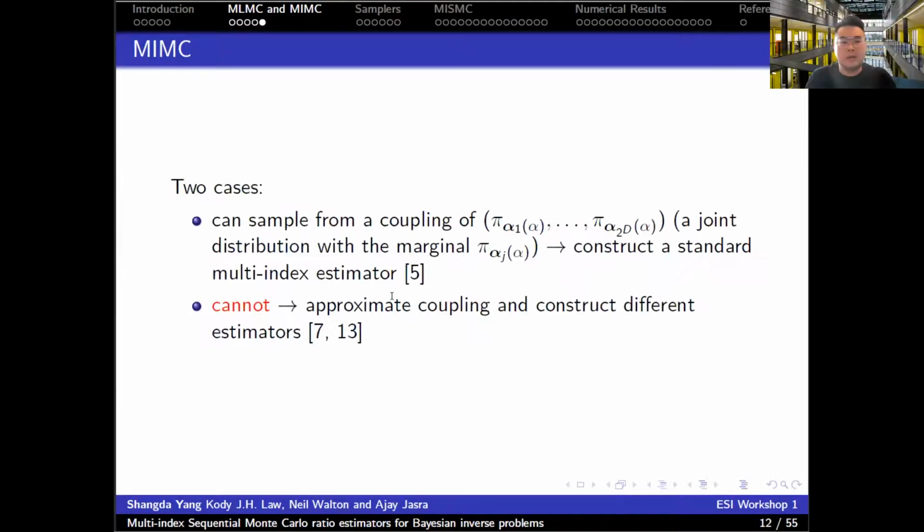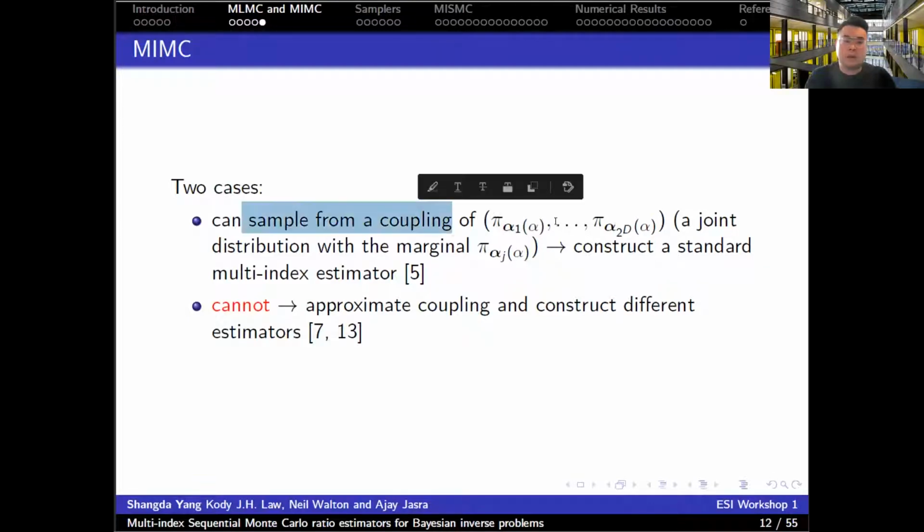With the previous discussion, we are now facing two situations. The first is that we can sample from a coupling distribution of pi alpha 1 to pi alpha 2 to the d, where the coupling distribution is a joint distribution with marginals being the pi alpha j.